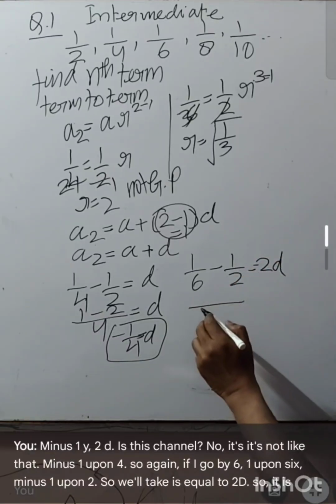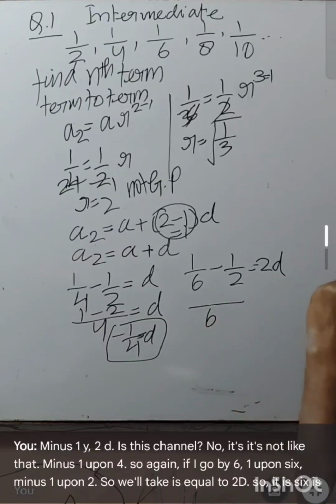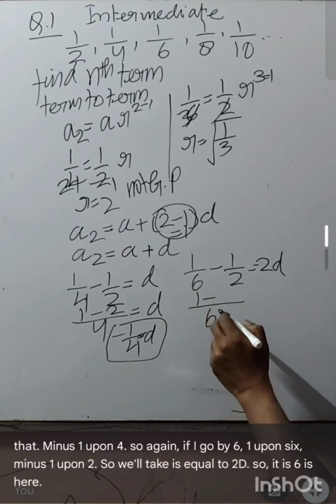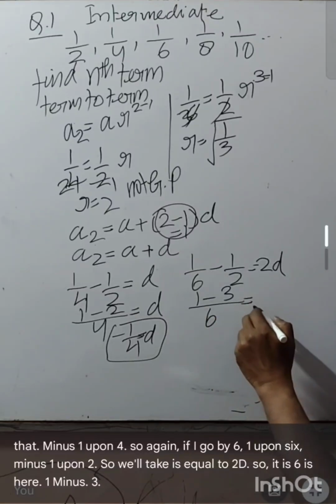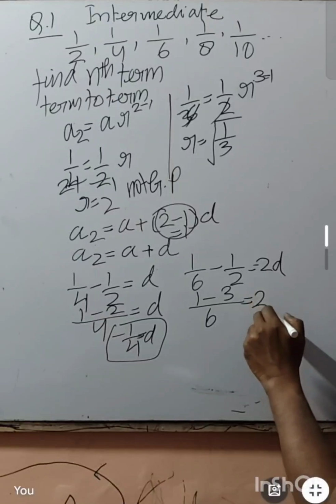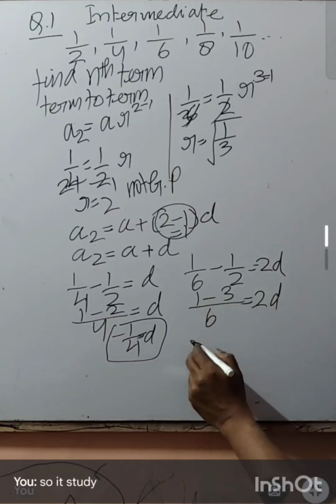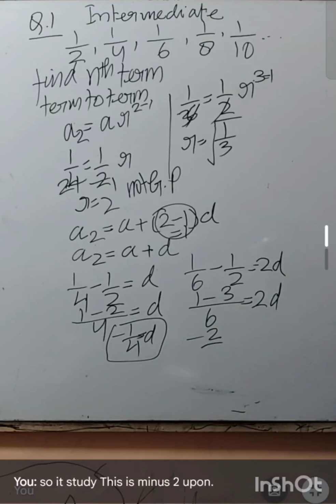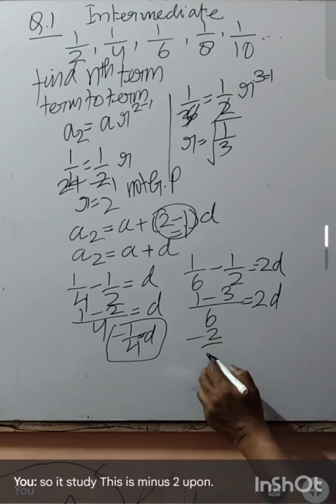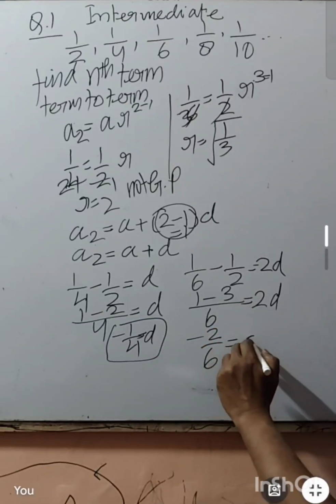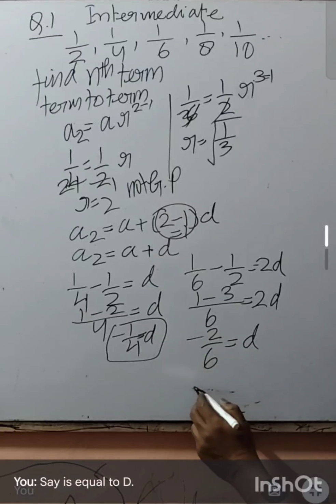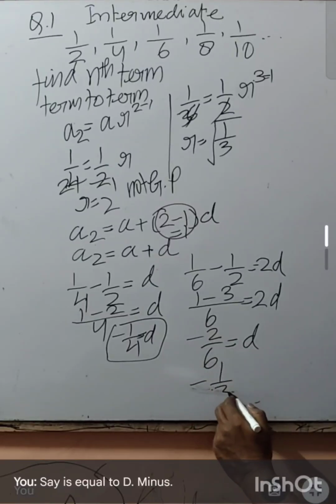So it is 6 here, 1 minus 3, so it's 2D. This is minus 2 upon 6 is equal to D, minus 1 upon 3D.